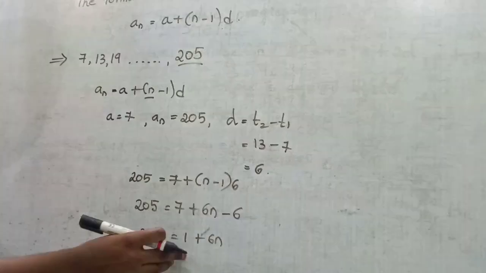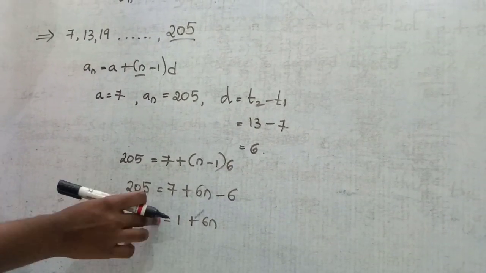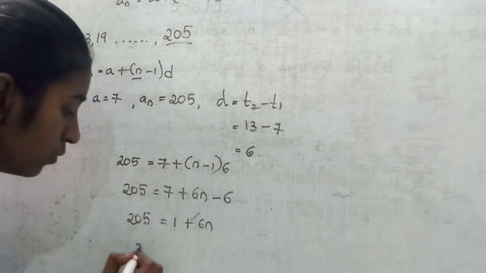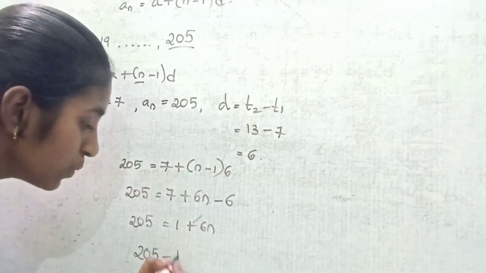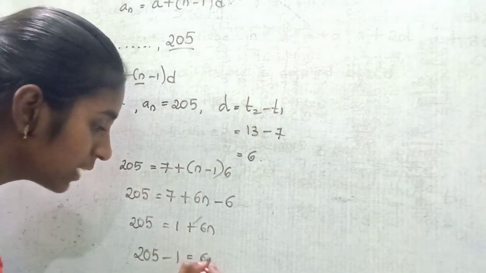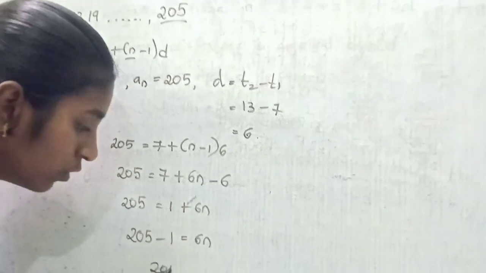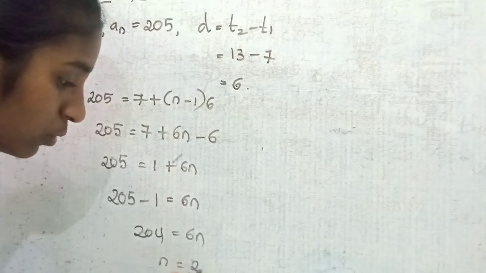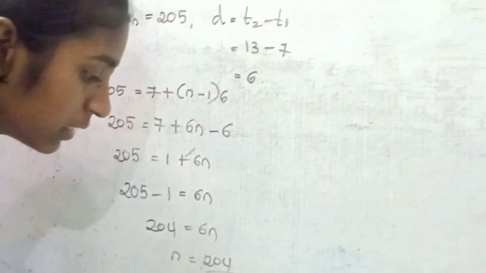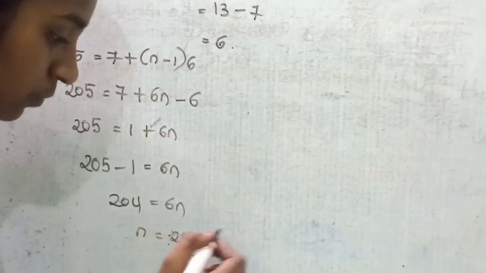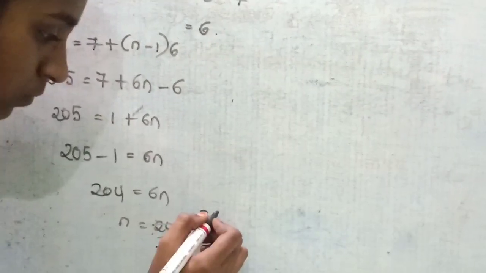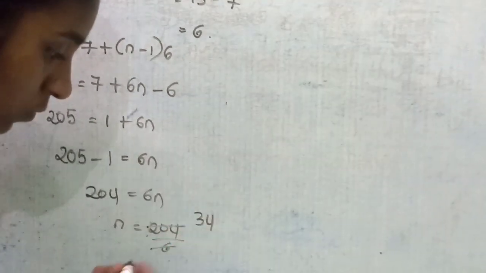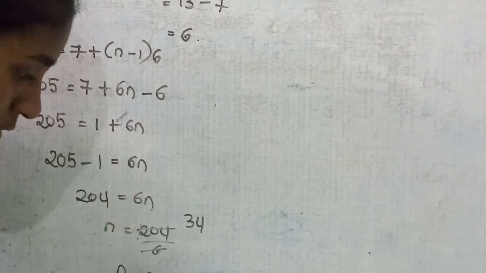The plus 1, if this plus 1 goes to this side, it will become minus. So, 205 minus 1 is equal to 6n, means 204 is equal to 6n. n is equal to 204 by 6, 34 times.